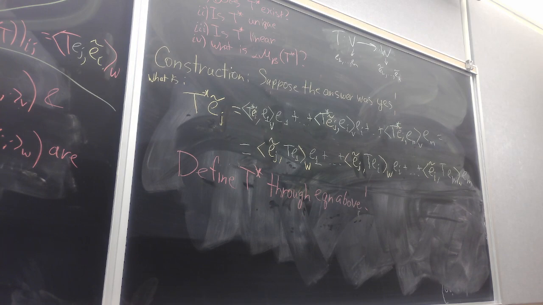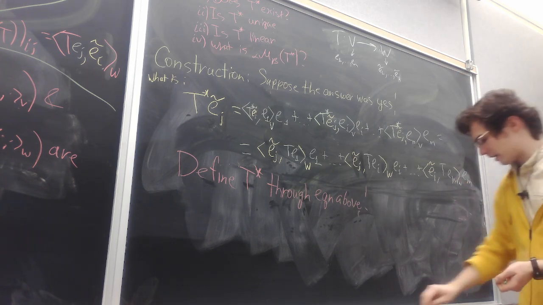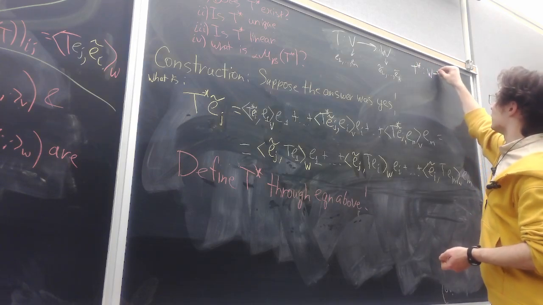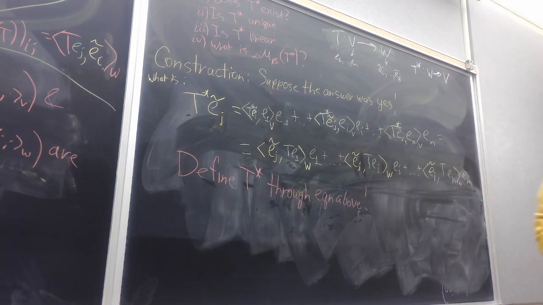Yes? Are we in the V vector space since we have M dimensions? Yeah, so if T goes from V to W, then T star goes from W to V. So we're going to have M dimensions. V is going to have M dimensions. So we can change the coefficients, but it doesn't change the dimensions, right? Oh, what do you mean?